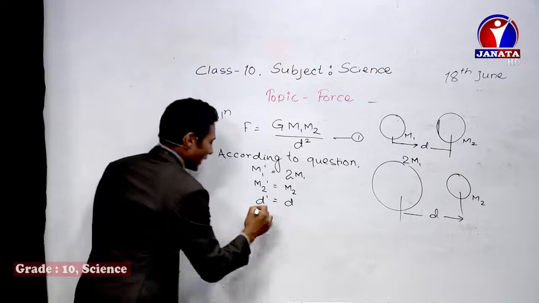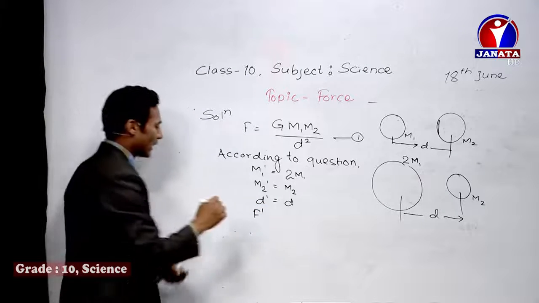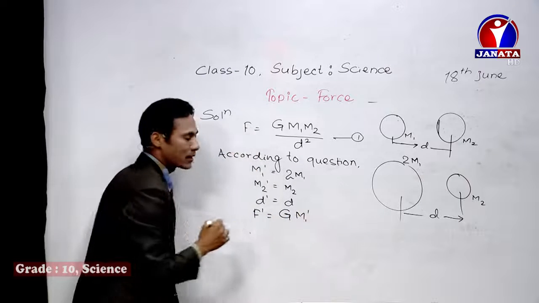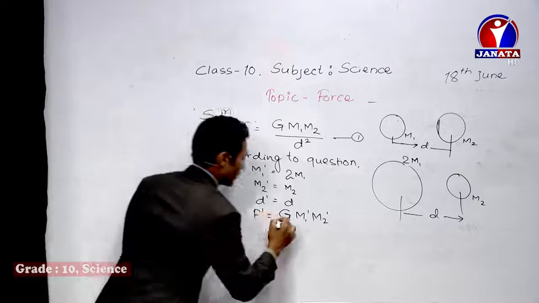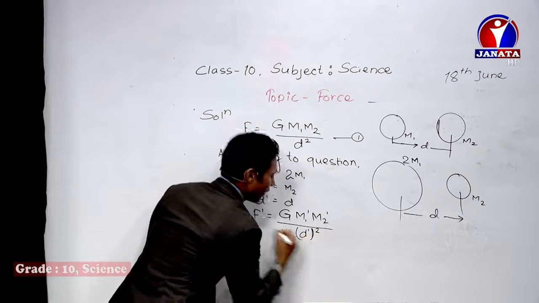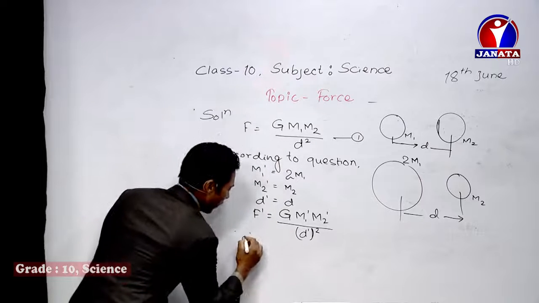So if F dash is the force of attraction between these two, then the formula is G m1 dash and m2 dash, the new masses, divided by d dash to the square. Let's substitute the values.